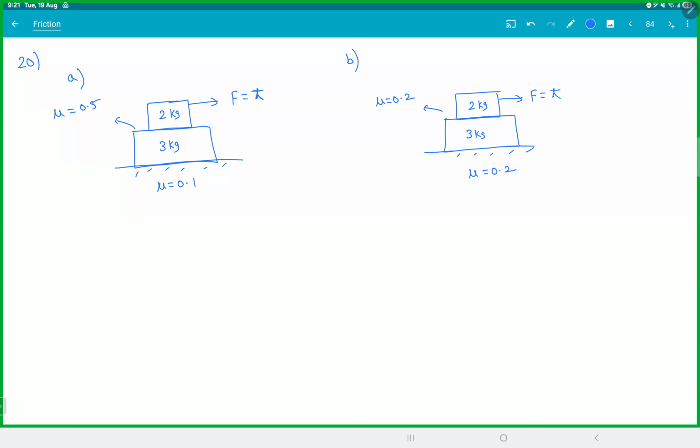Same thing, plot the graphs. Here also I can keep μs and μk.